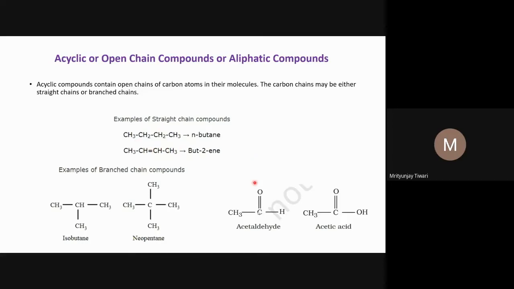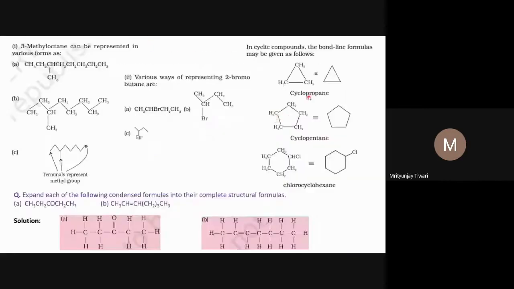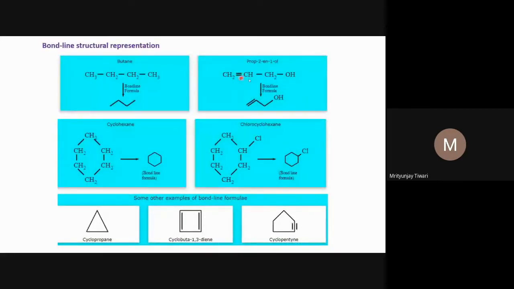For example, this one, CH3, CH2, CH2, CH2OH, is also an aliphatic compound, and it contains a heteroatom here.